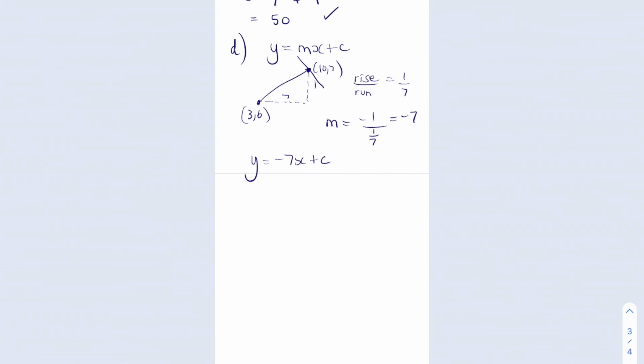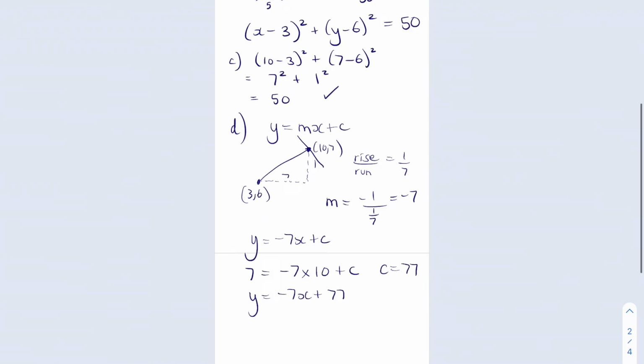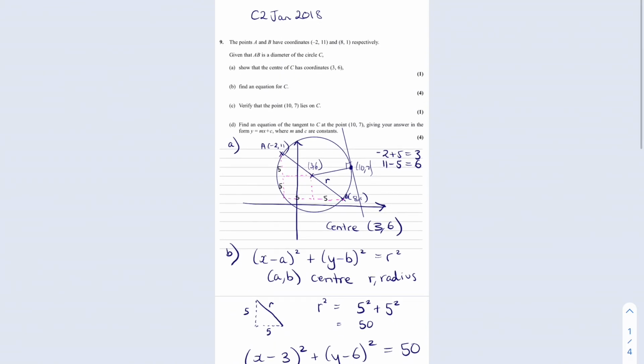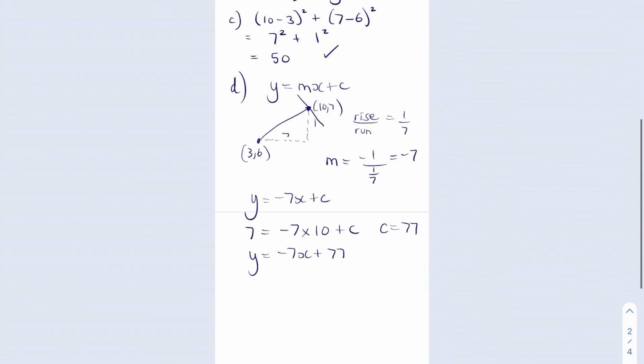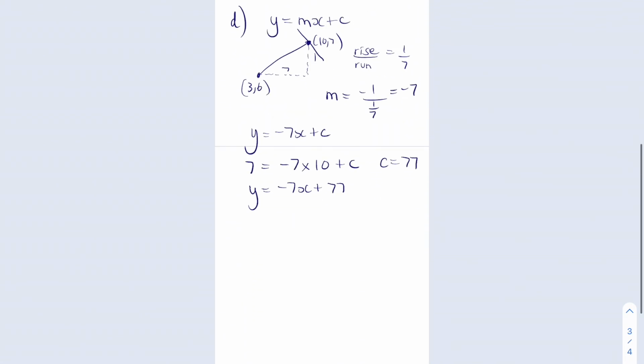So I'm going to insert the coordinates. y is 7 when x is 10. So I rearrange and I get c must be 77. And that completes the question by writing down the equation of the tangent in the form y equals mx plus c. And we can see up here as well that 77 is going to be high up on the y-axis, so that makes a lot of sense.